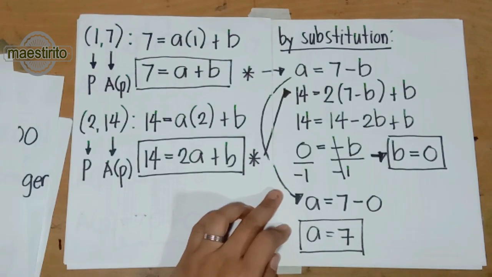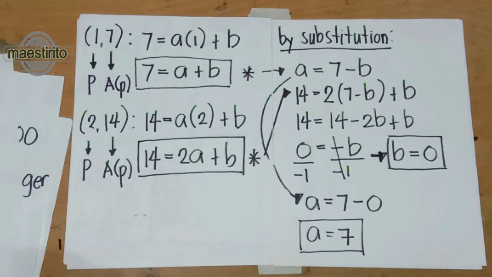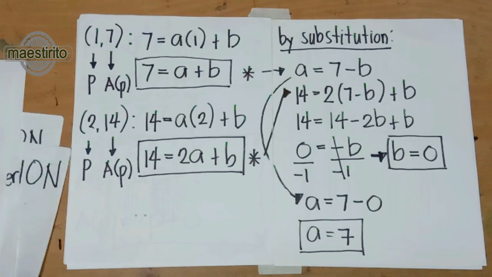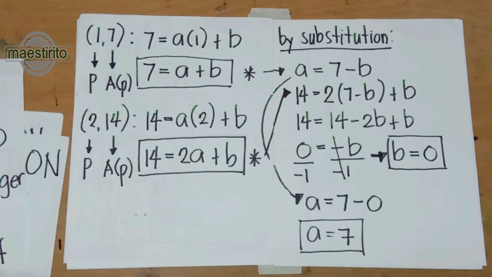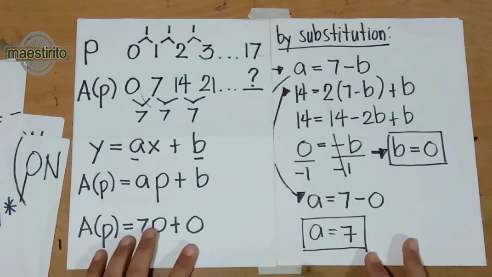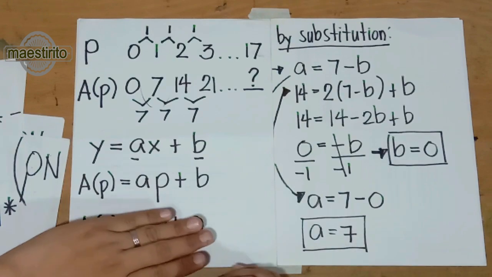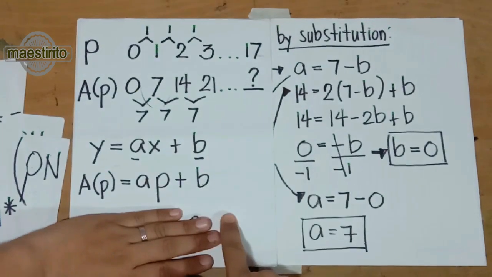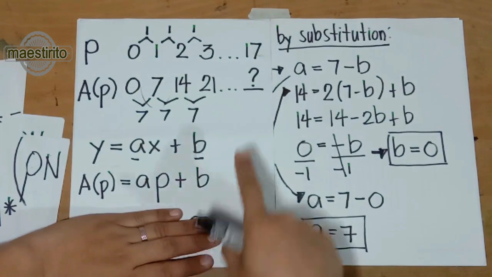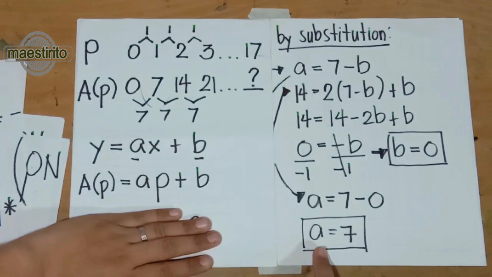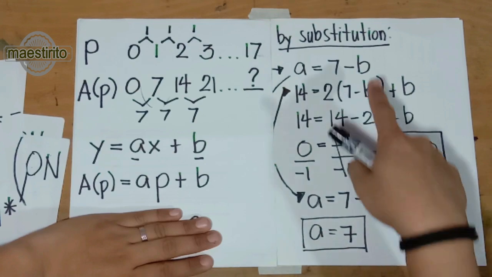And there, we already have our goal, which is to find the constants A and B. Just like what I have said a while back, to find the model for this one, we need the constants A and B, and we already have found it. A is 7, B is equal to 0, and that is by substitution.